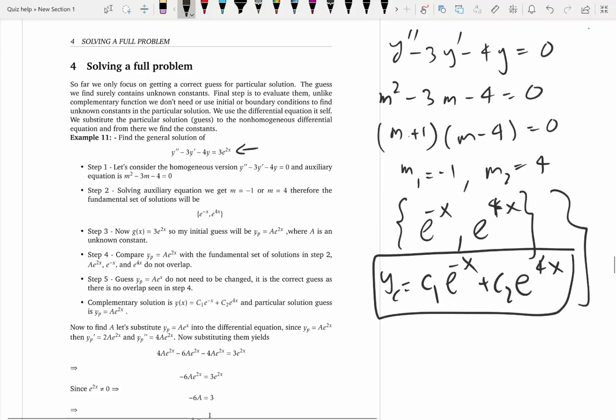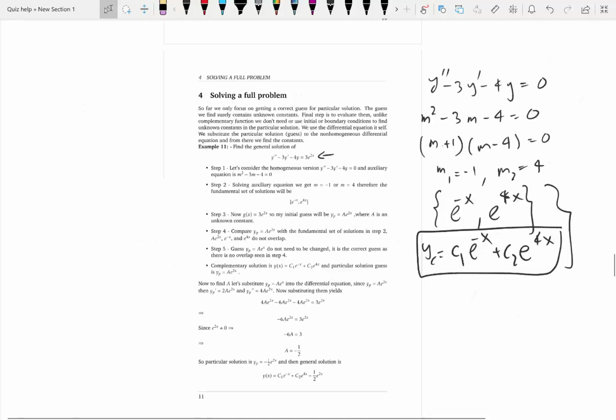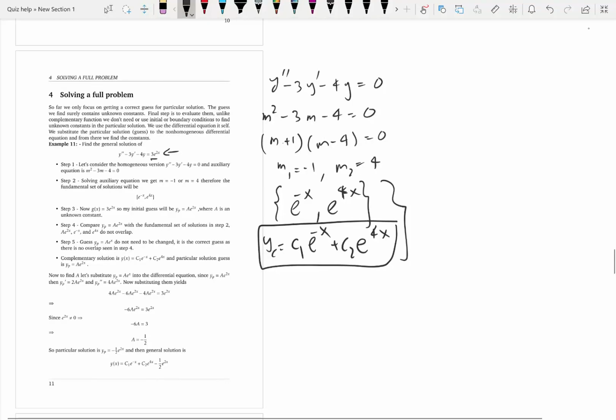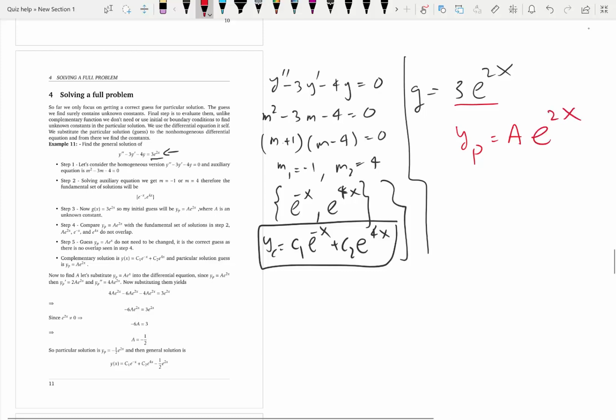All right, so that is the first step. Now we look at the right hand side function. So what do we have on the right hand side? 3e^(2x). So that's our g. Now what will be the guess for the particular solution here? Well, we have a constant times an exponential function, so our initial guess should be A times e to the 2x, right?